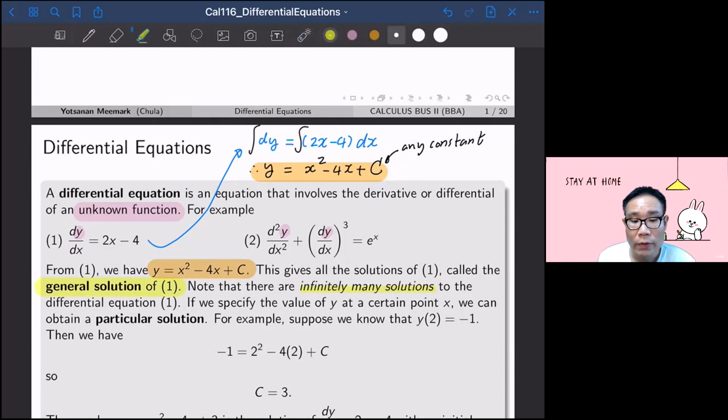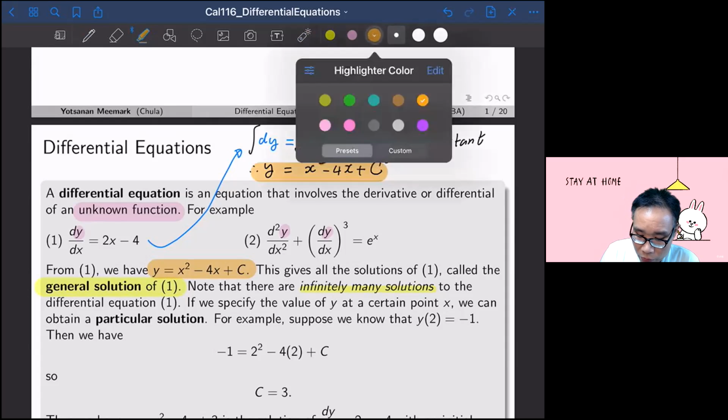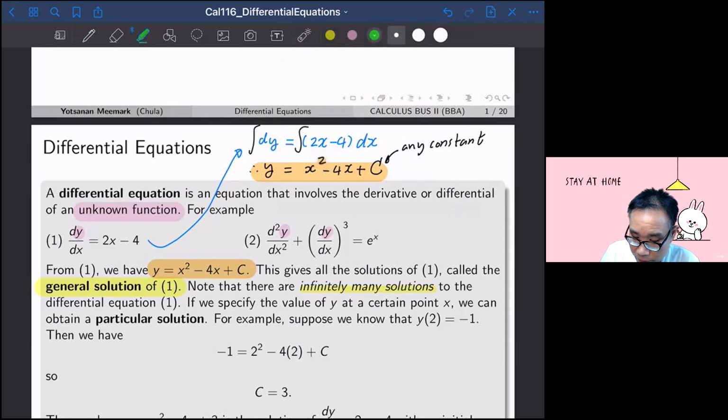However, if we specify the value of y at a certain point x, so if you don't want the general solution, you can do this by specifying the value of y at some value of x. For example, you specify y(2) equal to -1.